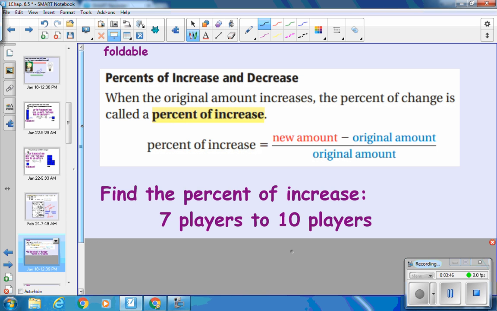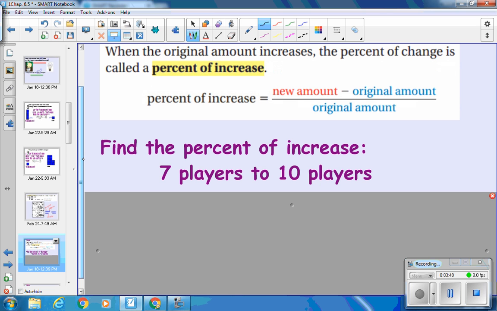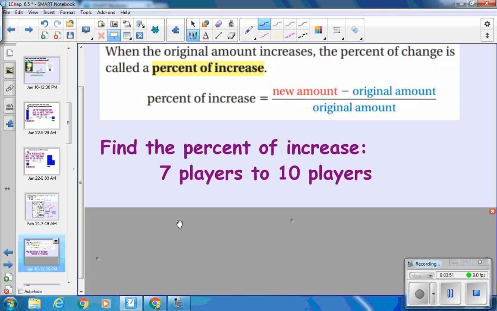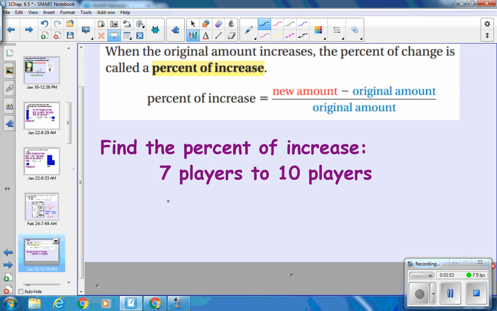10 players. So our new amount is now 10. And our original amount was 7. And what we have to divide that by is the original amount. So you end up having 3/7, which now you have to change into percent form, because that's what percent increase is.